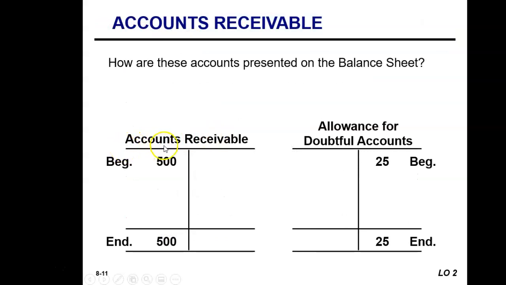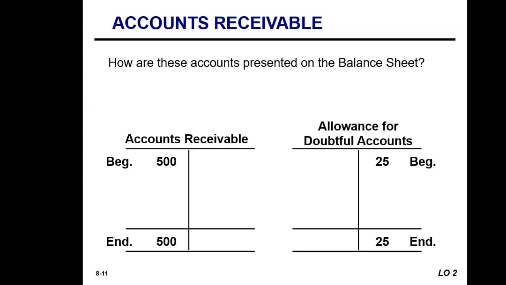So here we have the accounts receivable account, and we have a new account title called the allowance for doubtful accounts. The allowance for doubtful accounts is a contra asset account. This account is used to represent that portion of our accounts receivable that we expect are going to become uncollectible. Now, the word contra means opposite or against.